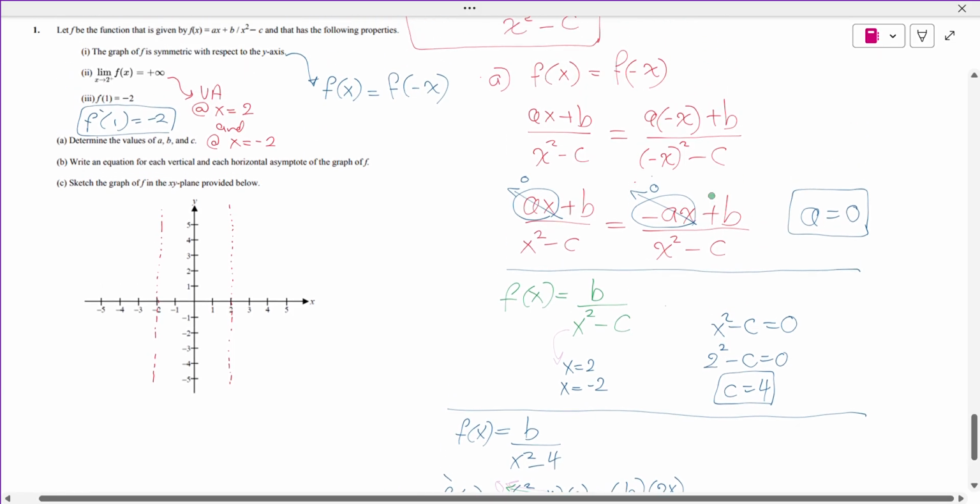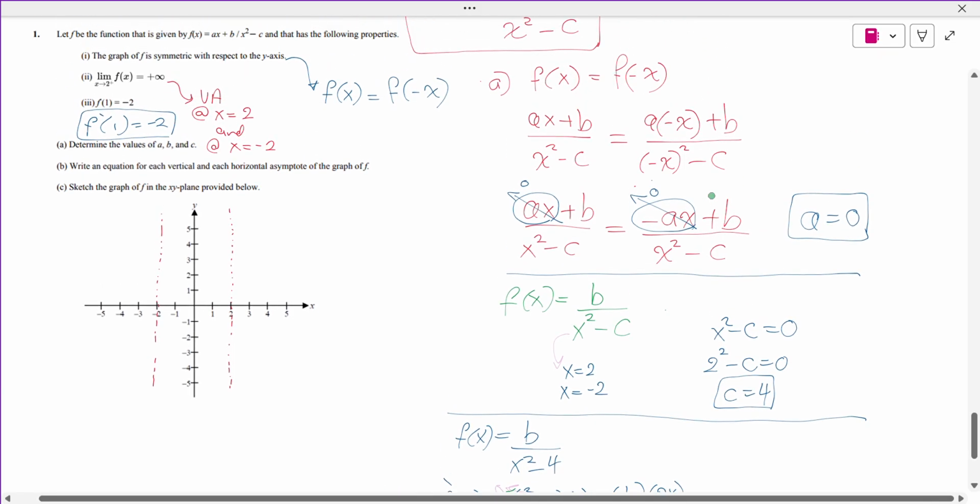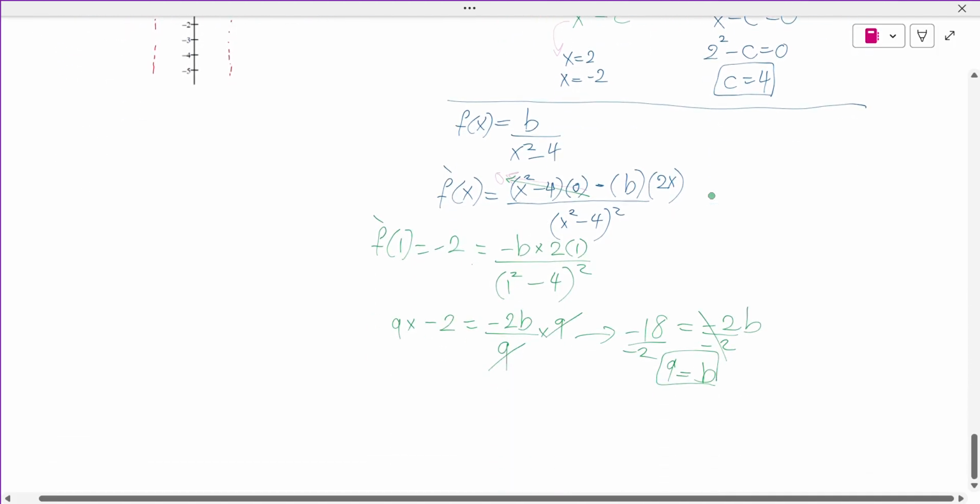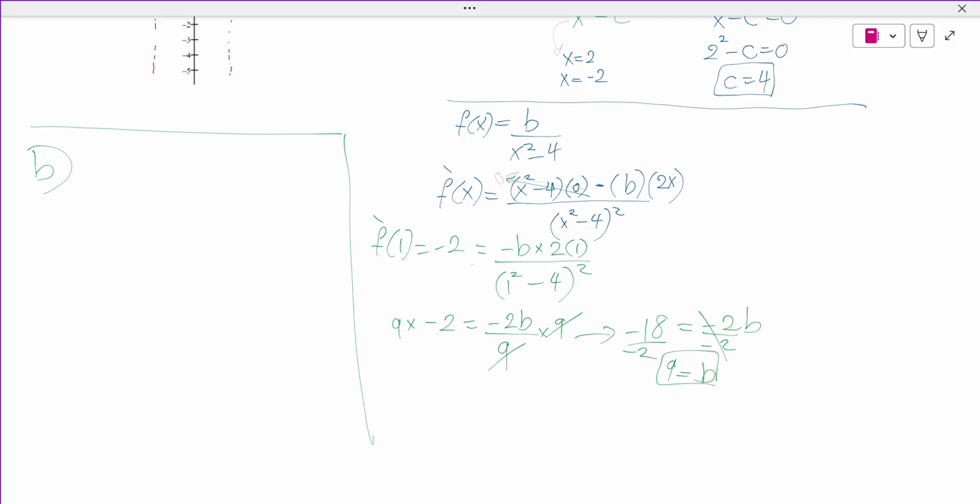So now going back here, for part B, but before we start doing part B, let's write the function now. The function becomes f of x equals 9 over x squared minus 4. This is the function after finding A, B, and C.